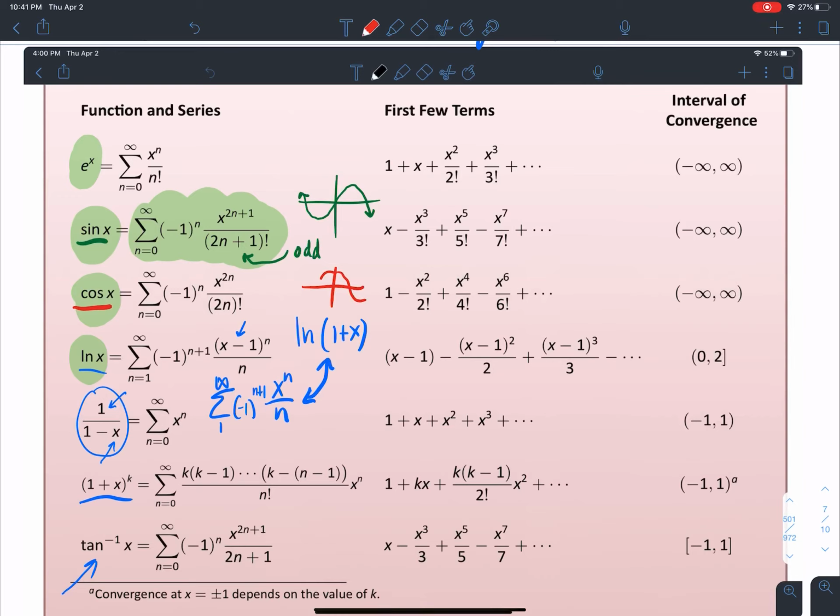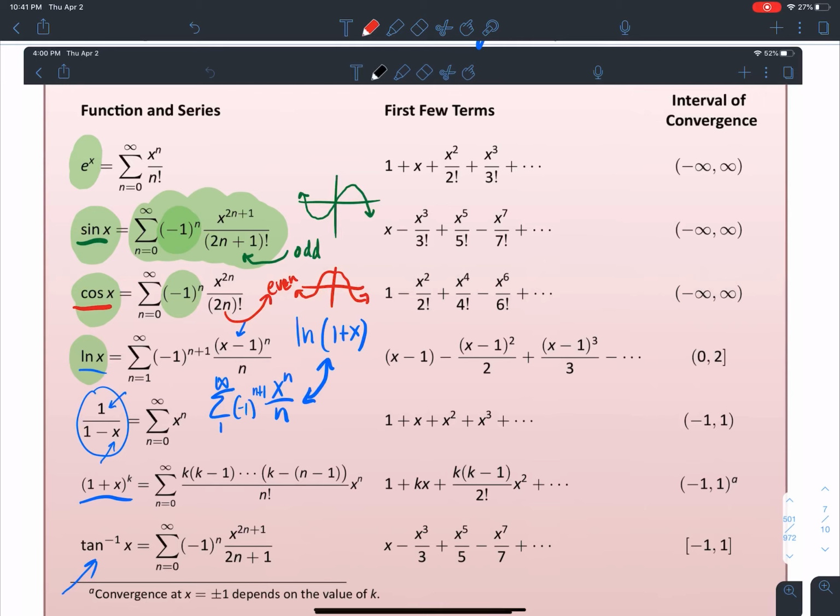With the 2n, I multiply 2 times a number, I get an even number. So that's how I remember that. The exponent on the x is the same as what I put in the factorial, and both of them have the sign switchers, so that's kind of how I figure it out.